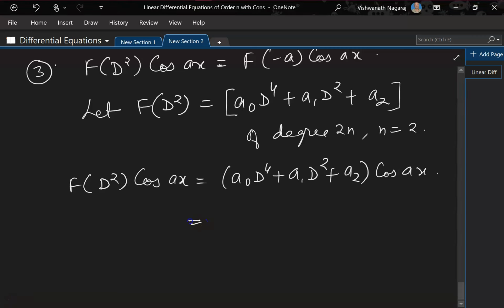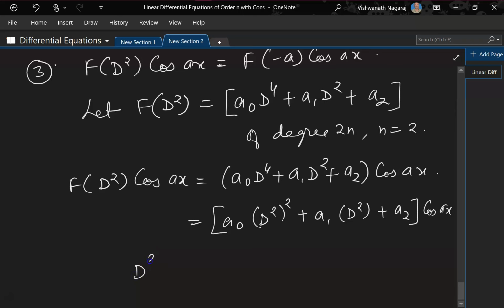Now we can write this as a0 D squared squared plus a1 D squared plus a2, cos ax. Now we know D squared cos ax is equal to minus a squared cos ax, which implies D squared acts as minus a squared.